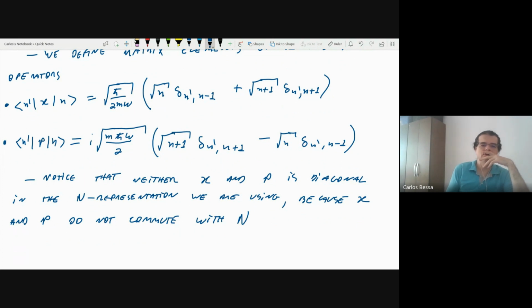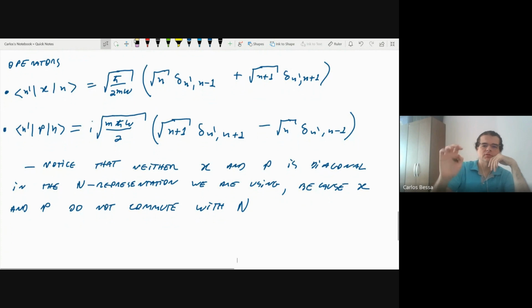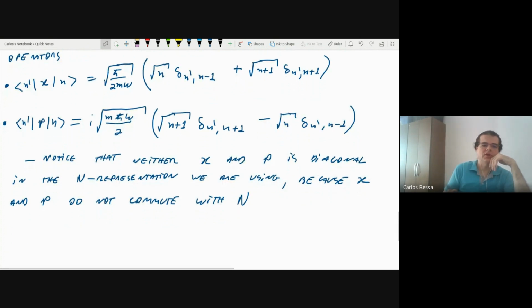So the diagonal, this is with 0. And this will be 1 and 0, so it's 0, 2. Okay?